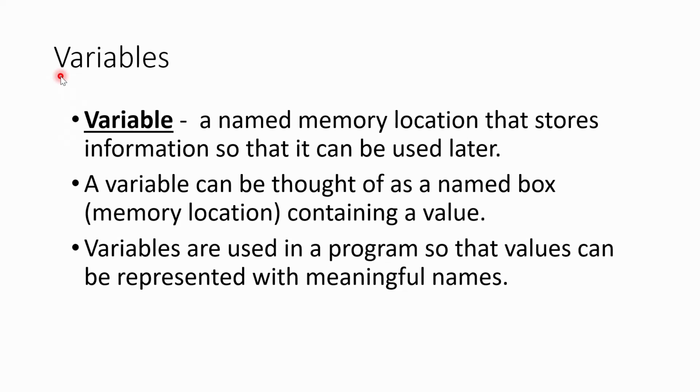A variable in programming is kind of similar, but at the same time is kind of different. So a variable in programming, we're going to say the definition is a named memory location that stores information so it can be used later. What you're going to want to think of a variable to be is a named box that contains a value.